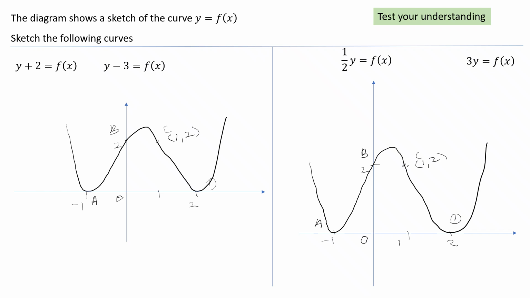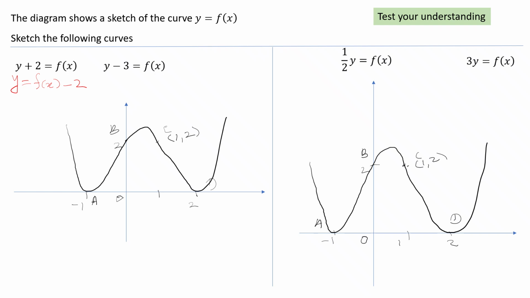So I'm going to rearrange this: y equals f(x) minus 2. Now I'm going to sketch the graph. You can see the constant is outside the bracket, so the x coordinate is not going to change. The y coordinate is changed by -2.